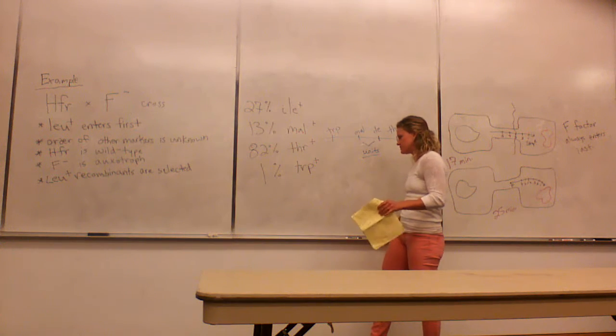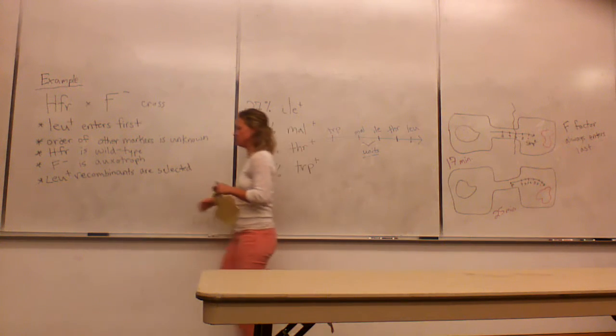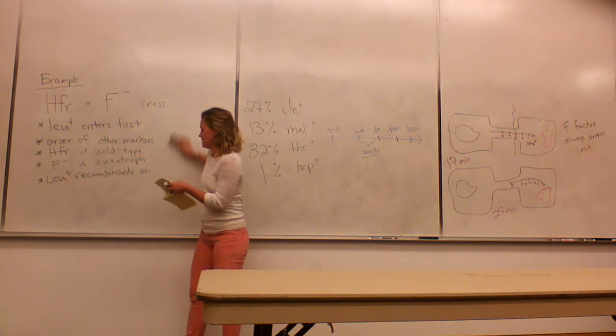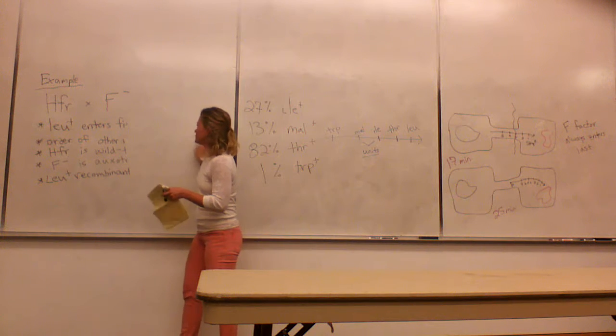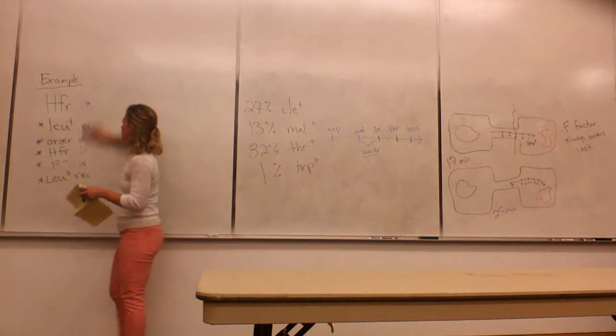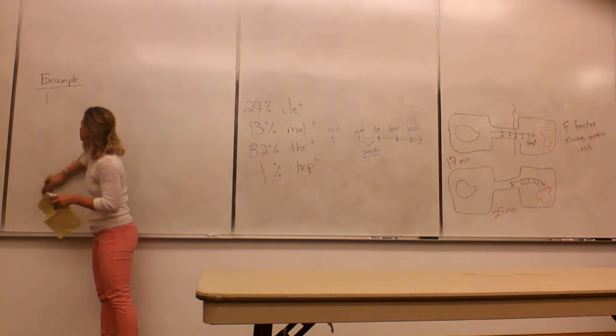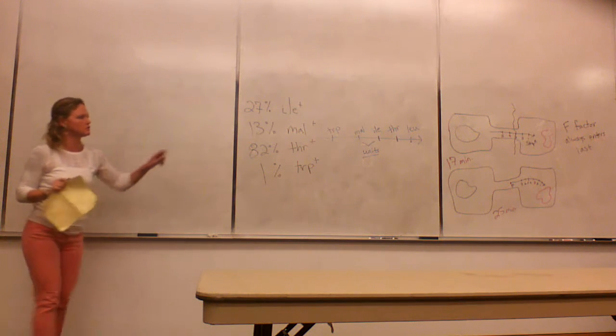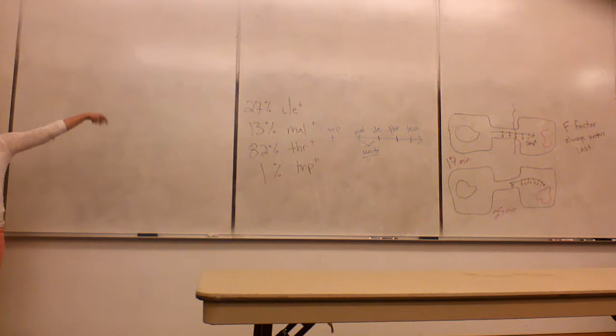Okay, before we get into doing units, I wanted to do another example of multiple crosses. Any questions about the problem that we just did, up to that point, not putting units on or anything?